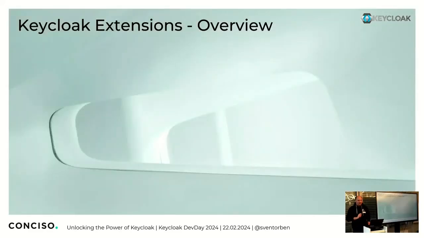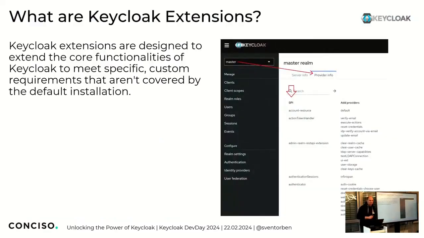Very shortly, I would like to give a short overview of Keycloak extensions and how they work. You can think of extensions as a kind of plug-in mechanism to plug in new features, things that you need to meet your specific needs that don't come with Keycloak out of the box.